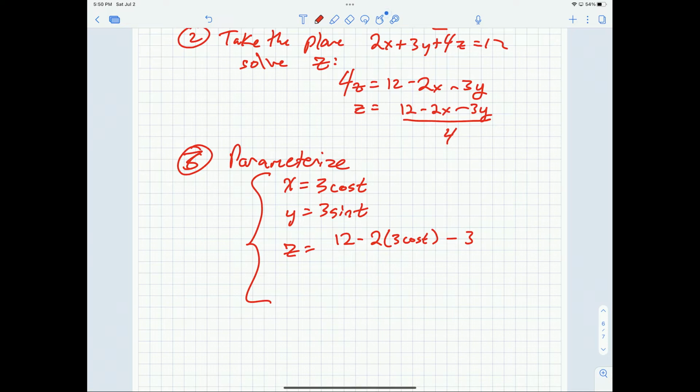Minus 3y, and y is, we know, 3 sine t, and then just over 4. And then that's how you do that parameterization, right?